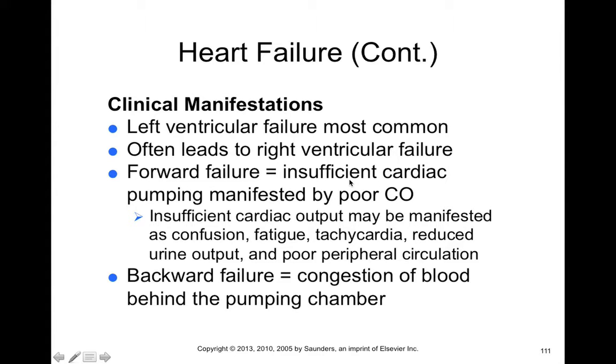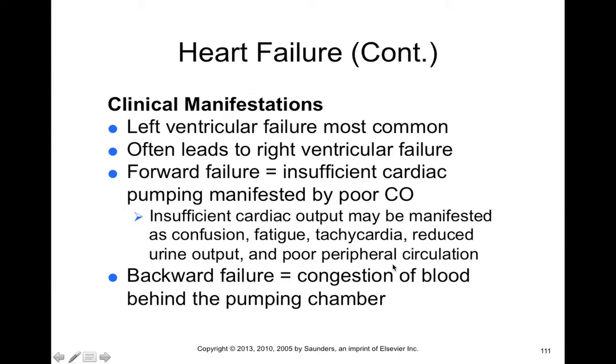So if the left ventricle can't effectively pump blood out through the aorta, well, the forward effect, so what happens downstream of the left ventricle, is that you have less blood being ejected by the heart, so poor cardiac output. And this insufficient cardiac output can manifest itself as confusion, fatigue, tachycardia, reduced urine output, and poor peripheral circulation.